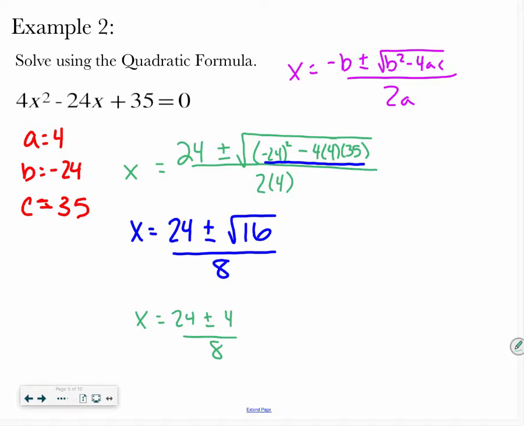So 24 plus 4 is 28. 28 divided by 8 is 3.5. And if I do 24 minus 4, I get 20 divided by 8 equals 2.5.